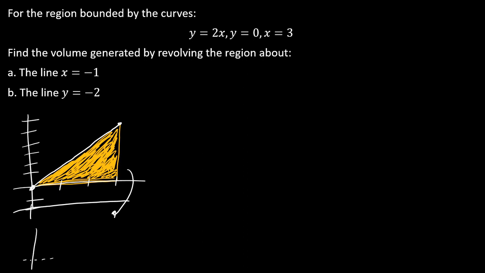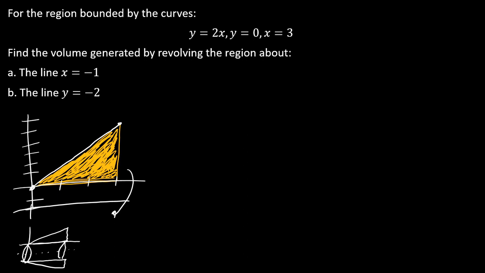So here's my axis, here's my line. So I have something going here. And then I'm going to have something going here. All right, so we've still got a big hole in this thing, right? Now my object's going this way with a big hole in it again.